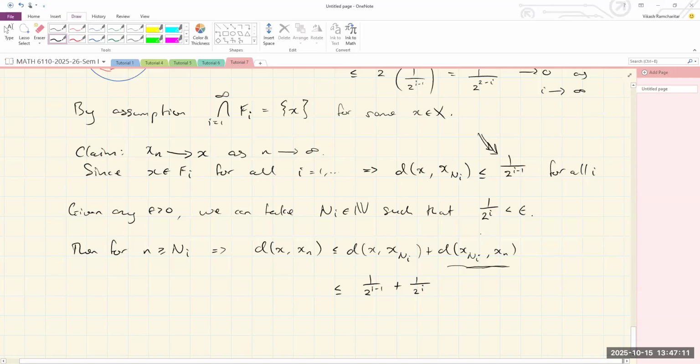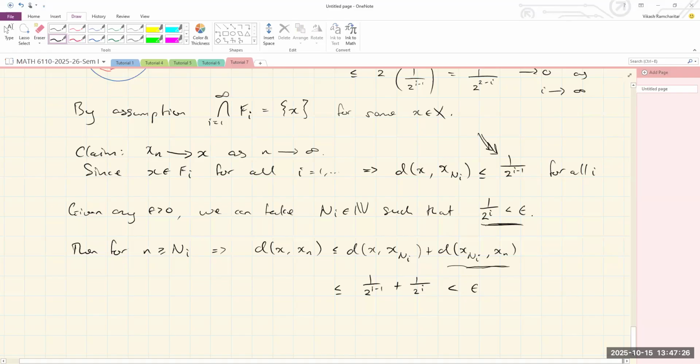In this case, I have to adjust this epsilon, so I want this to be less than epsilon.